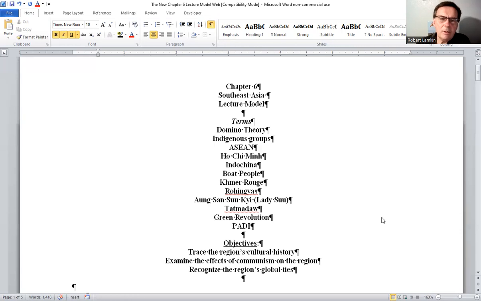The boat people, once the North Vietnamese ousted the Americans from the southern half of Vietnam and took over the entire peninsula. A lot of Vietnamese were helping the Americans out, and were just basic capitalists, and also Chinese capitalists too.